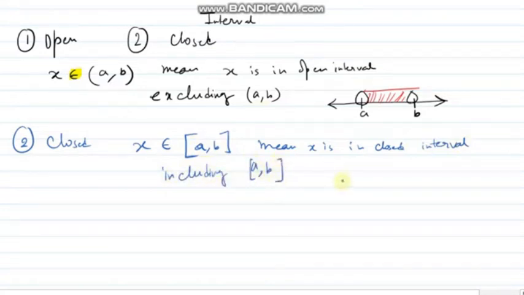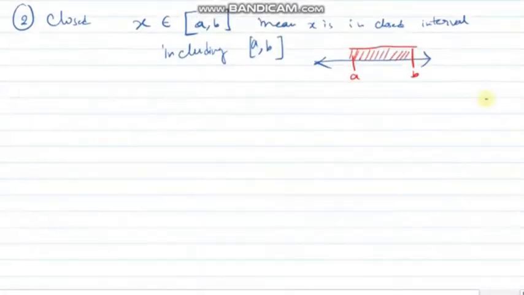So if I want to represent this on a number line, if this is a, this is b, that time this full region. So you understood, with open interval, if I add the elements a and b, I will get the closed interval, right?